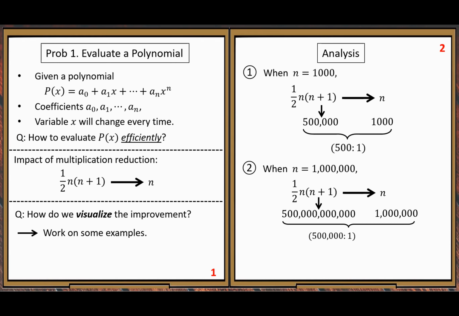Do you have any impression in your mind, or can you imagine how big this difference is, 500,000 to 1 ratio? It's still hard, right? You know that number is big, but still, it's hard in your mind. How much is the difference?